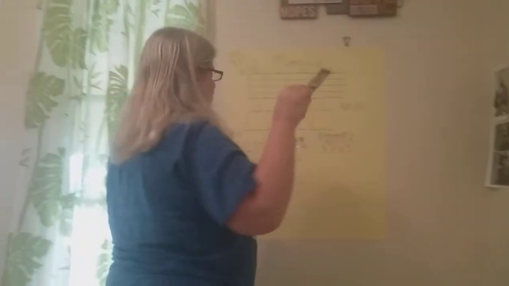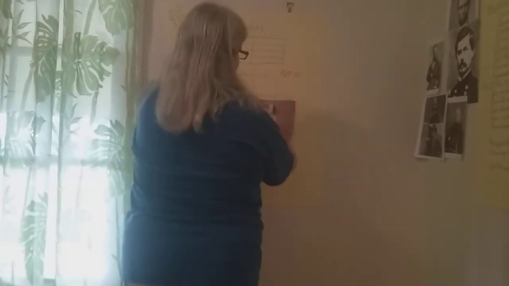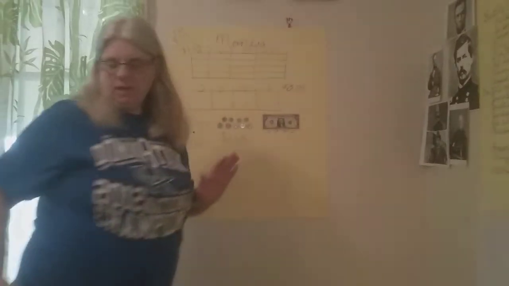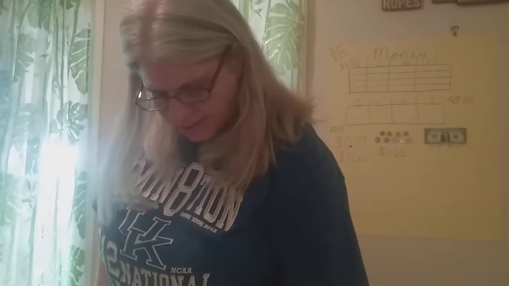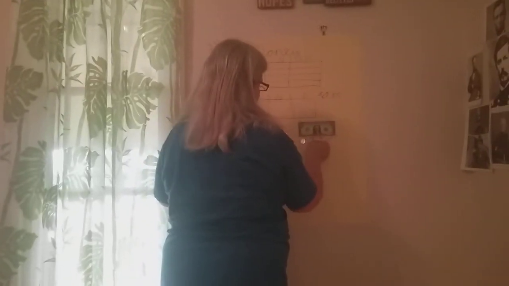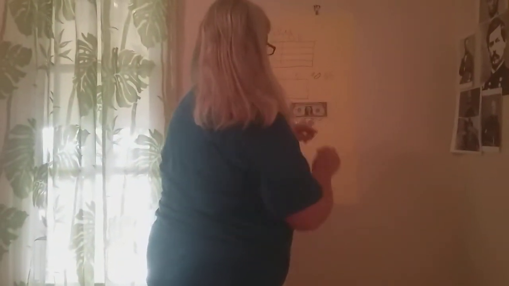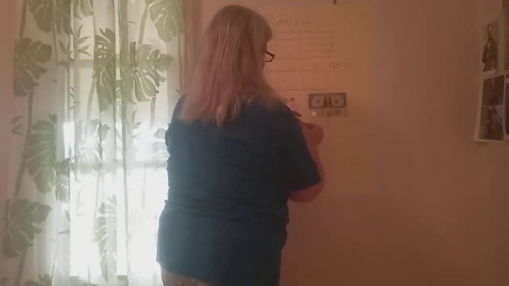So let's look at number 5. We have $1. See, I told you George was coming back. Here he is. $1. There's George. Okay. And then we need 6 quarters. 1, 2, 3, 4, 5, 6.